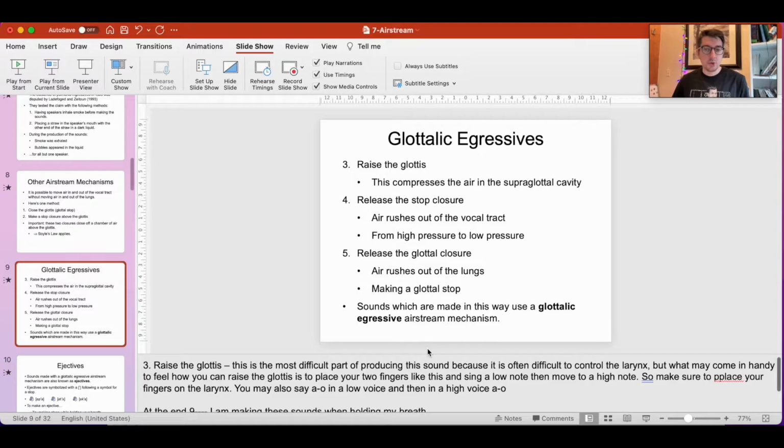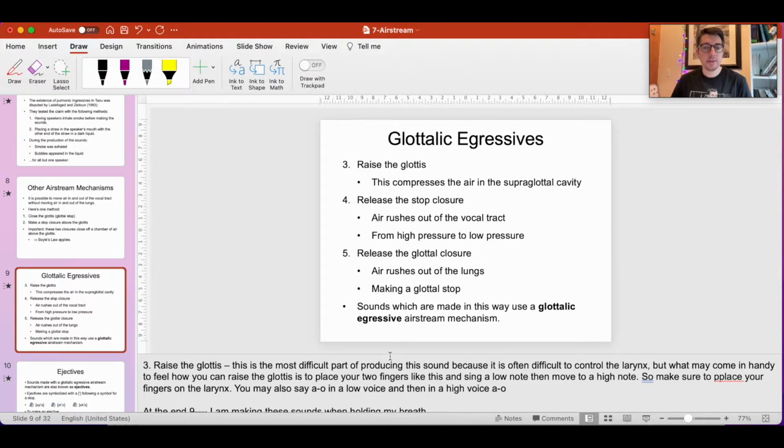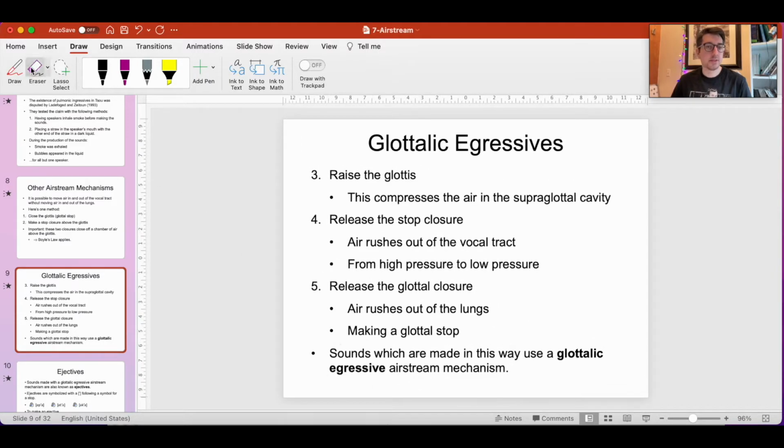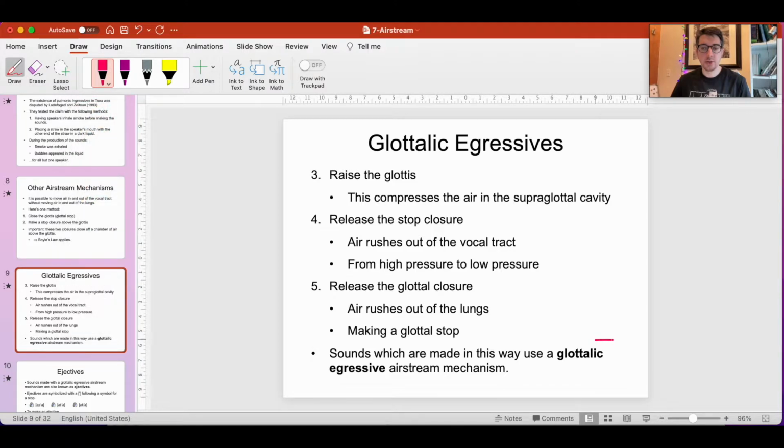Yeah, I'm going to draw again, right? I don't have the best drawing skills, but let's see what we can do with this. So basically, you have the glottis here, right? And then you have this epiglottis and tongue. Somewhere here you have your teeth and your lips.